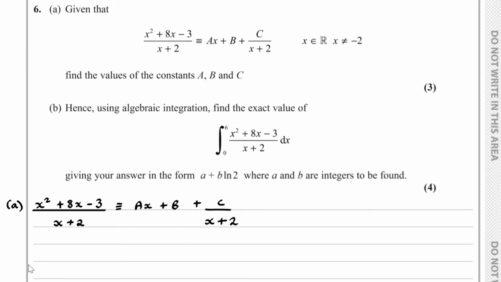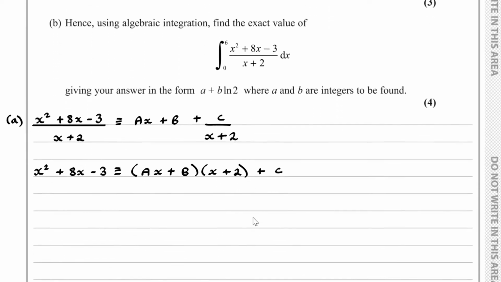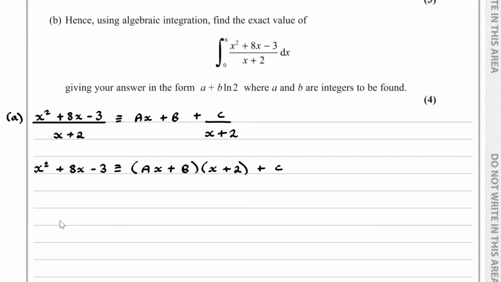Multiplying both sides by x plus 2, on the left hand side we end up with x squared plus 8x minus 3, and on the right hand side we have ax plus b lots of x plus 2, plus c.